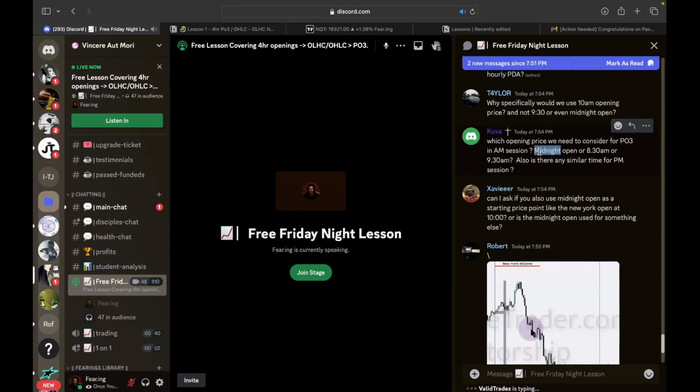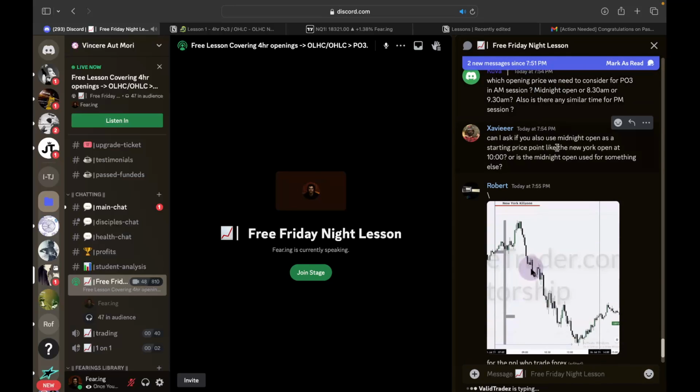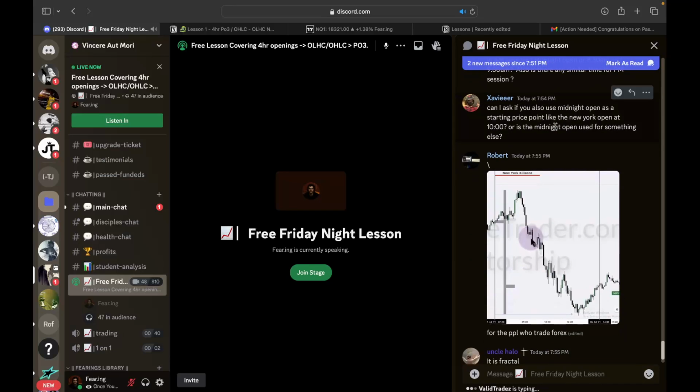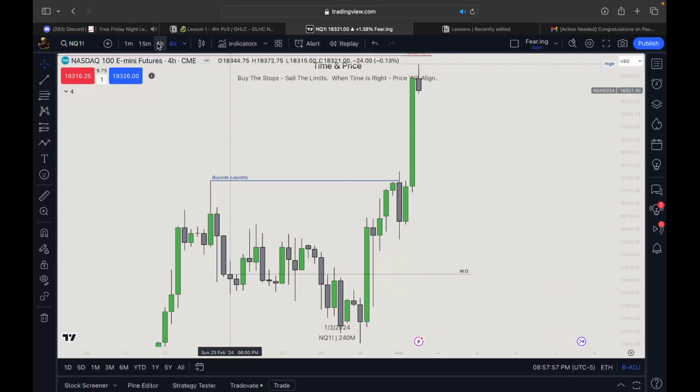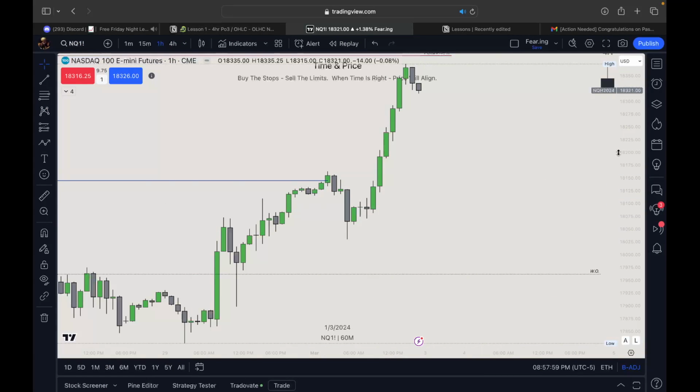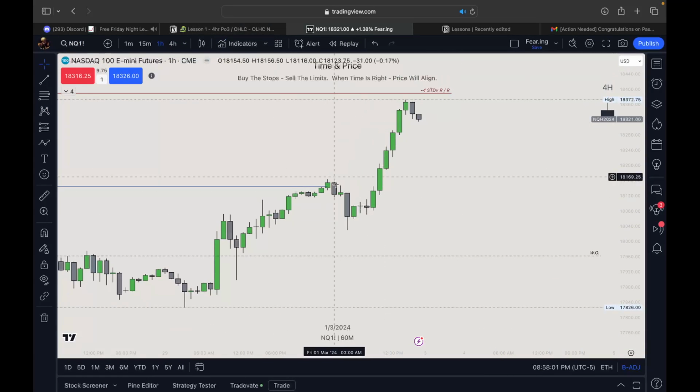If you're looking at midnight, actually, never mind. Yeah, so midnight open can also be used as a solid power 3. That's not going to be something I'll cover today, as it's not the focus, but yes, you can also be looking at midnight open.